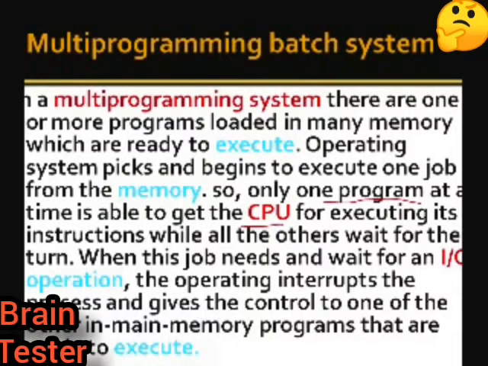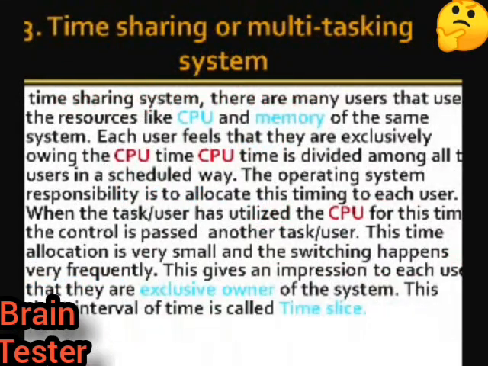When a job needs to wait for an input/output operation, the operating system interrupts and switches control to one of the other programs in main memory that are to be executed.